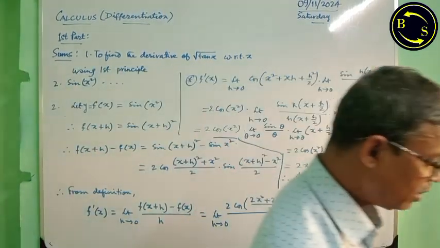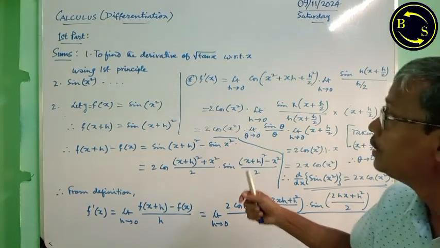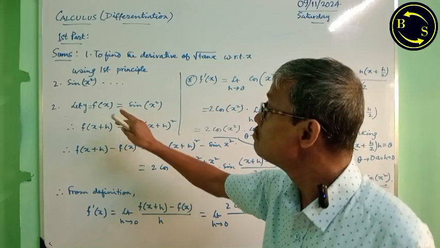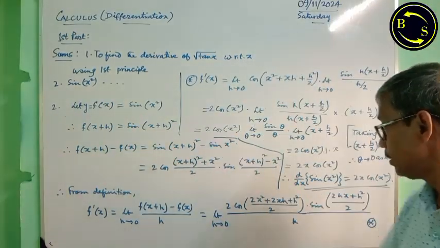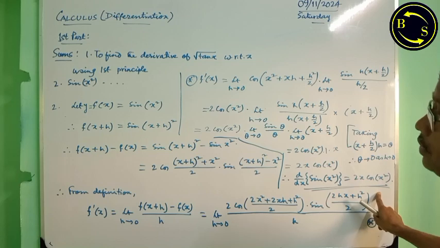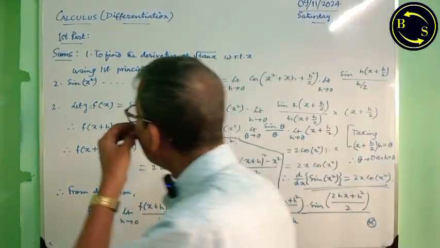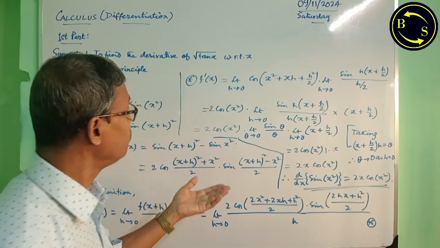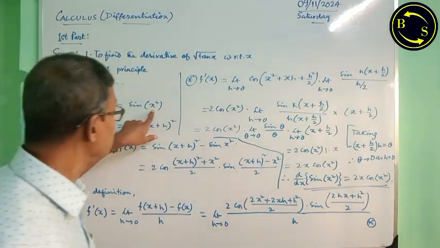If we have to find the derivative of such form, sine of x square, we get this result. Also we can apply the method I have already discussed in the earlier problem. You can take x square equal to new variable, say u.